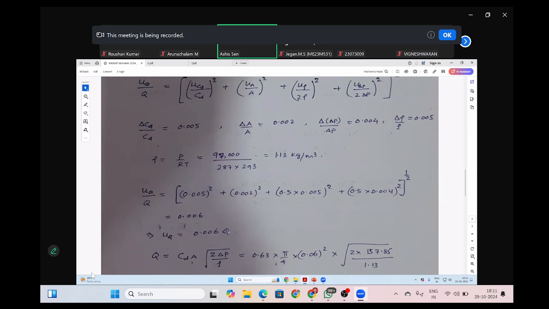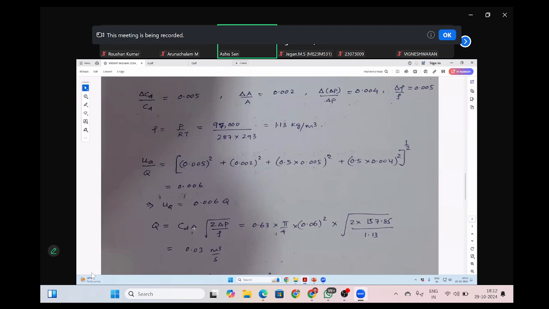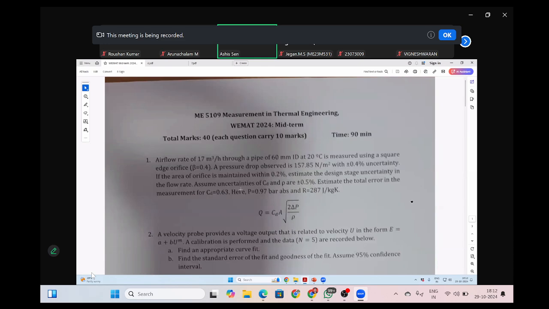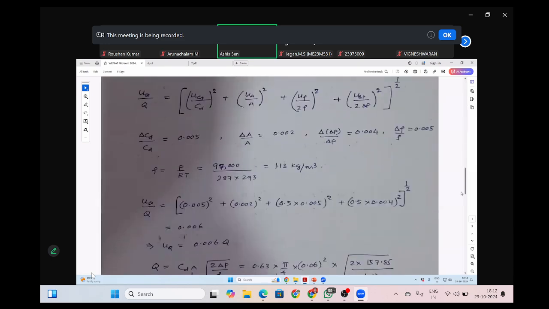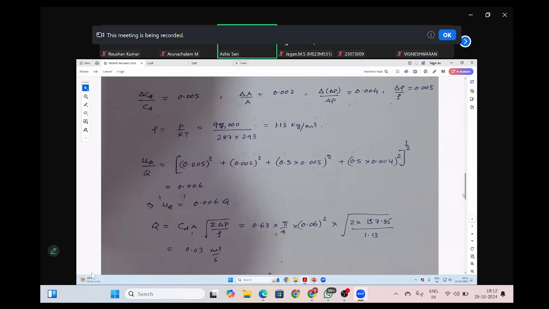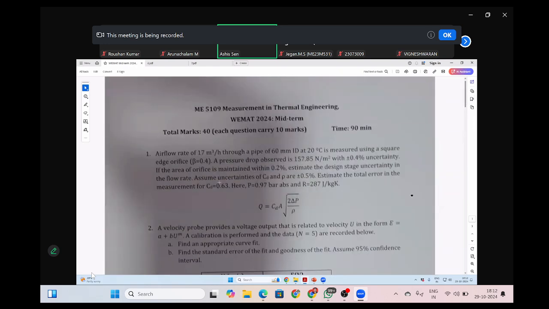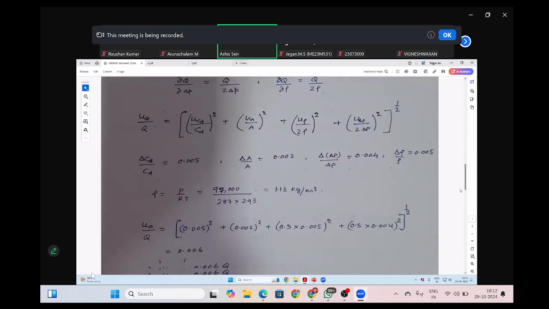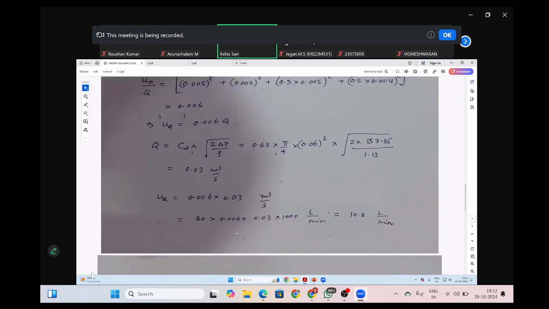Now, you do not know what is the nominal flow rate. The nominal flow rate you can find out using the formula that is given, which is CD into A into square root of 2 delta P over rho. CD is given 0.63, the discharge coefficient is given 0.63. Area is given, it says 60 millimeter ID, so that is given, and 0.06 square.